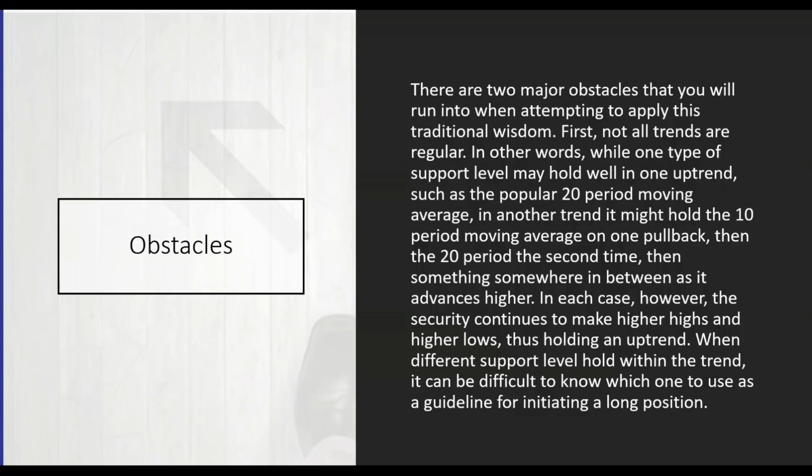First, not all trends are regular. In other words, while one type of support level may hold well in an uptrend, such as using maybe a 20-period moving average, in another trend, it might hold at a 10-period moving average on an average pullback. So the trends can be all over the place.